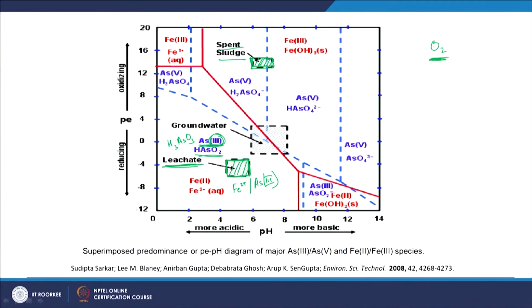If it is spent sludge, it is going to be in equilibrium with the atmosphere, or with oxygen. So obviously more oxidizing conditions prevail, and that is why you see that the range is somewhere out here. At this particular range of pe and pH, we see that arsenic 5 predominates, and at the same time you have ferric hydroxide precipitating.